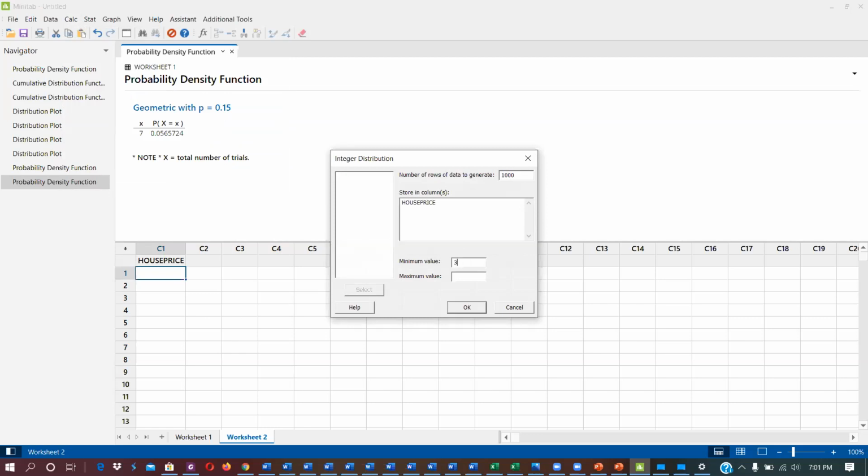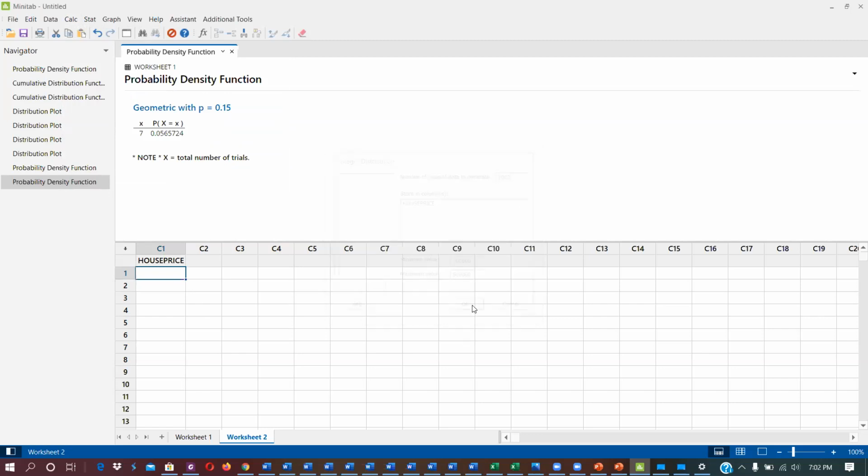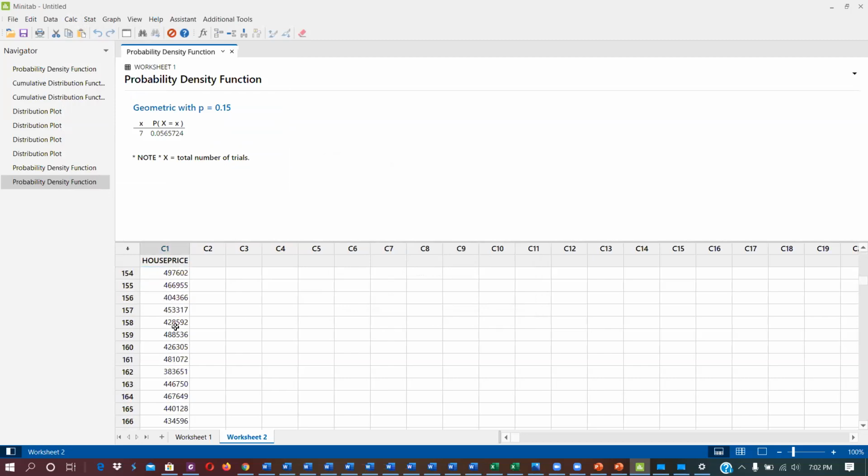Minimum value is 300,000 and maximum 500,000. So here I have the prices of 1,000 houses in the Spokane South Hill area.